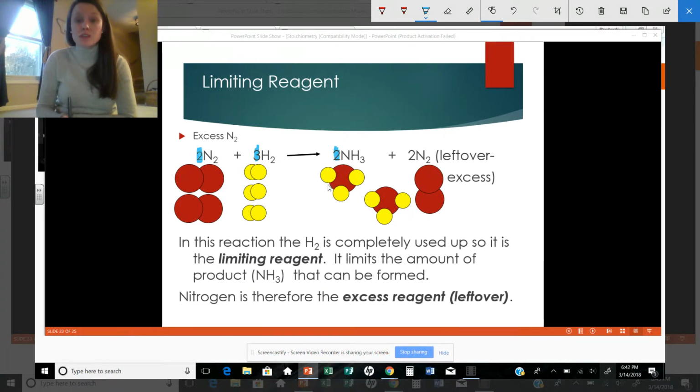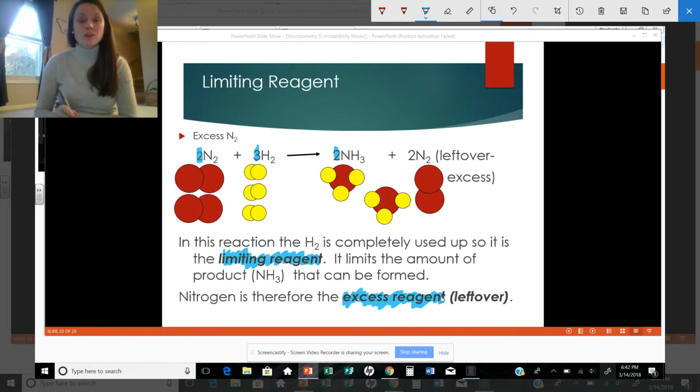So in this particular example, hydrogen is your limiting reagent, and it's your limiting reagent because it limits how much product you can make. Nitrogen would be the opposite because we end up having extra nitrogen. So nitrogen is what we call an excess reagent in this example.